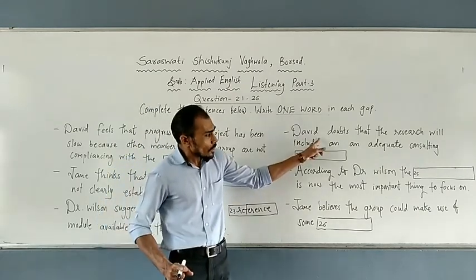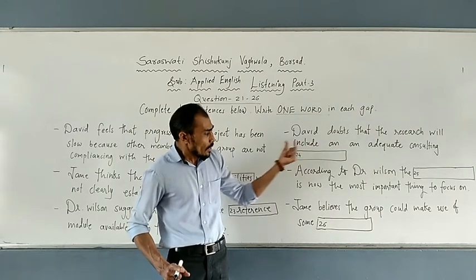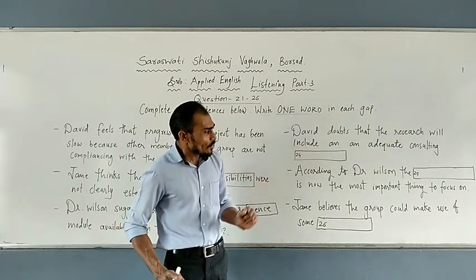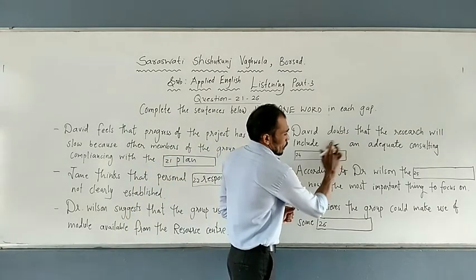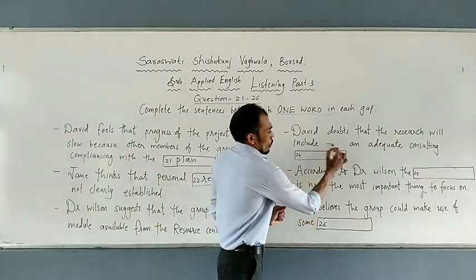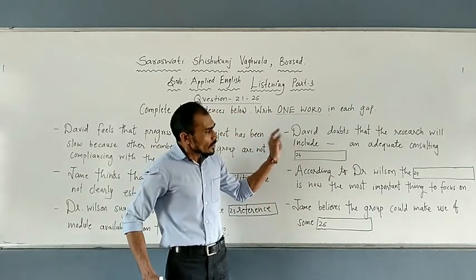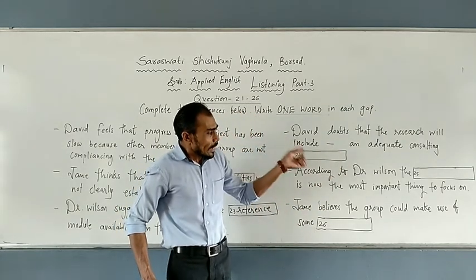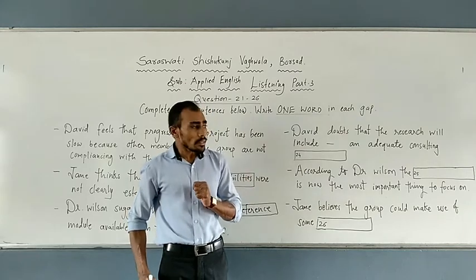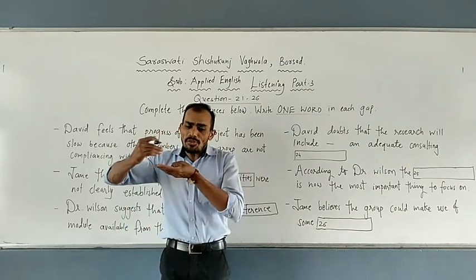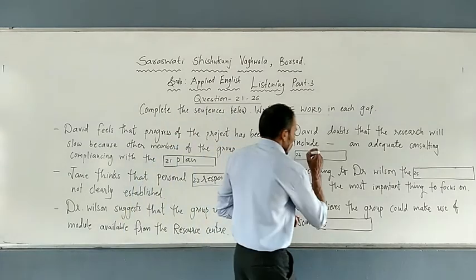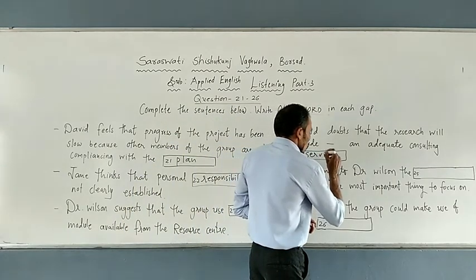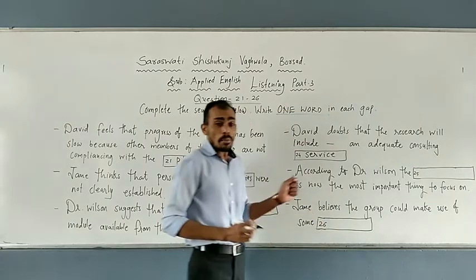David doubts that the research will include an adequate consulting. By mistake I have written twice, students. Okay. David doubts that the research will include an adequate consulting. Now, what is the adequate consulting? It is about the service.